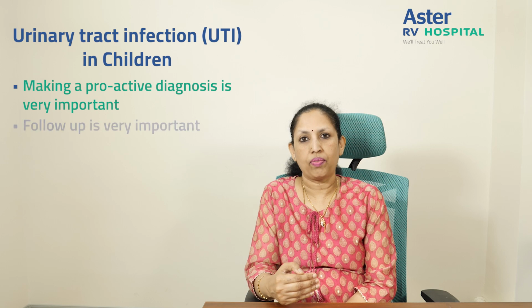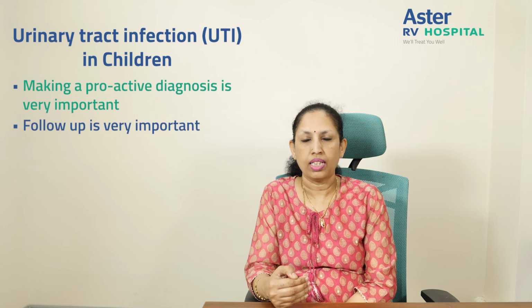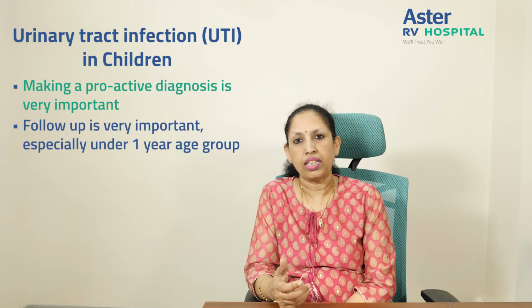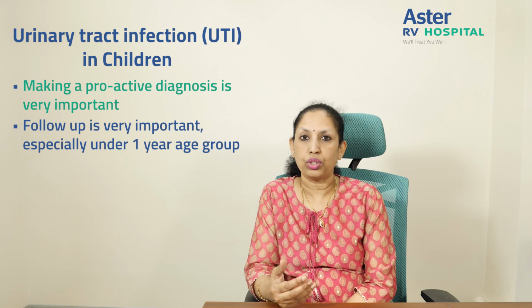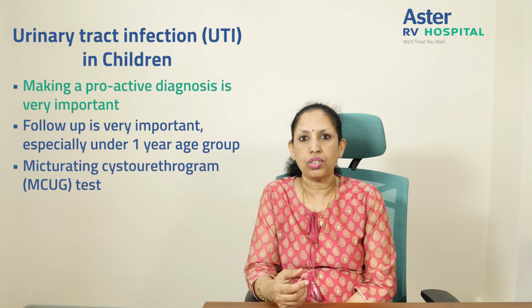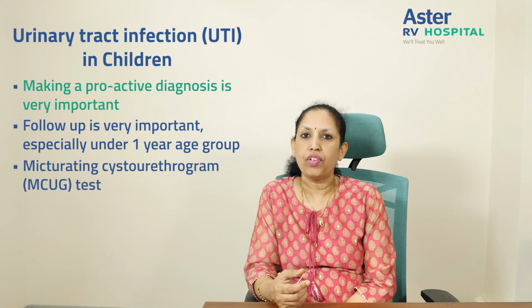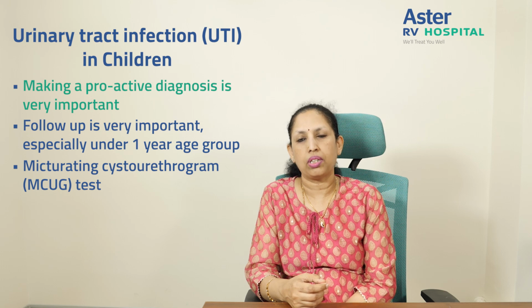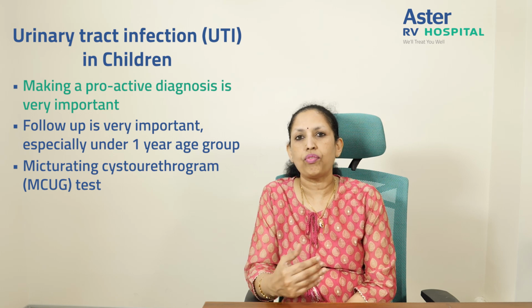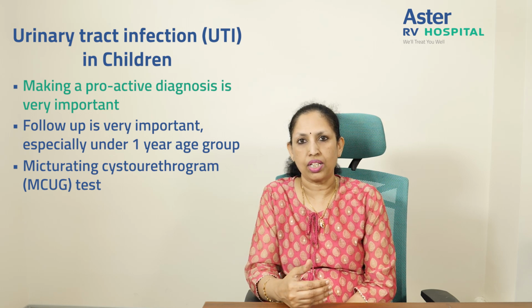And so follow-up is very important for such children. Especially in the under 1 year age group, especially in the boys, we tend to do a test called MCUG, which is micturating cystourethrogram. We usually get our pediatric surgeons to have a look at that and do that test to see whether the urinary tract is appropriately formed, whether the flow of urine is correct, and so we can fix that problem if there is any issue.